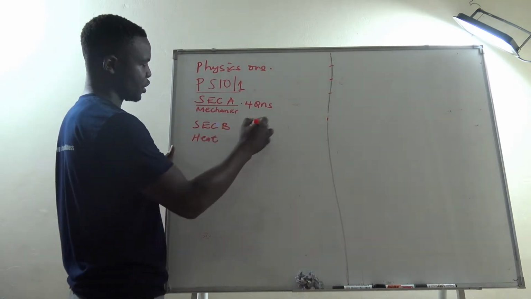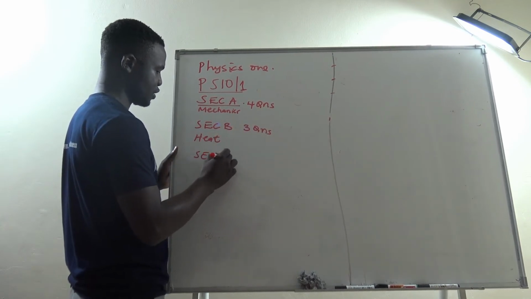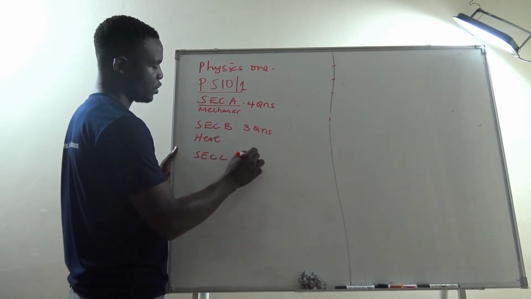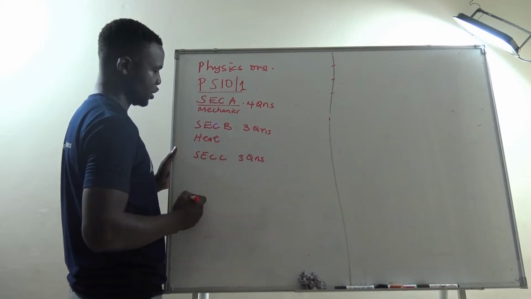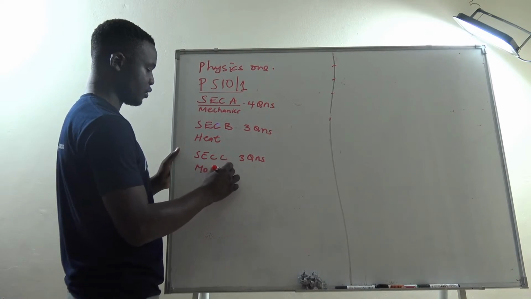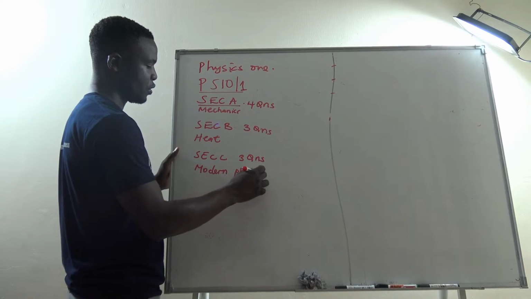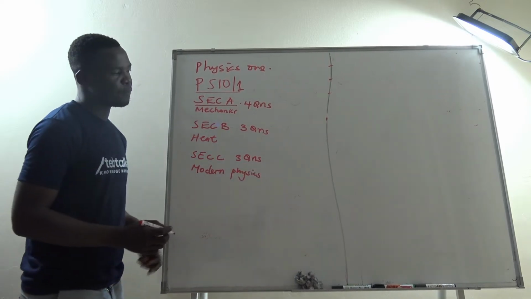Then it also gives 3 questions. We have section C. Section C also contributes 3 questions, and this is called modern physics. It has to do with modern physics.